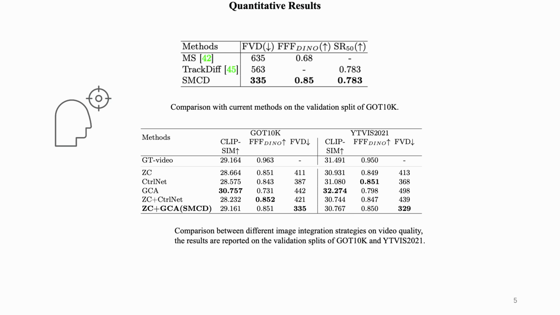Conv means we only use the first convolution layer. Concatenate means we use a method similar to concatenation to introduce the first frame information. And GCA means we only use the gated cross attention. This slide shows that our method, combining the zero convolution layer and also the gated cross attention layer, can achieve much better FVD values.